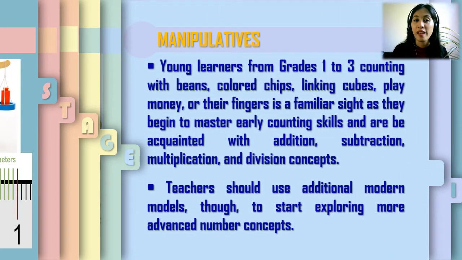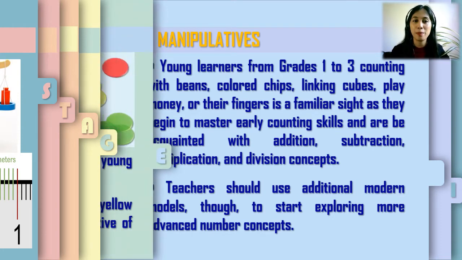For young learners from grades 1 to 3, counting with beans, colored chips, linking cubes, play money, or their fingers is a familiar sight as they begin to master early counting skills and soon be acquainted with addition, subtraction, multiplication, and division concepts. Teachers should use additional modern models, though, to start exploring advanced number concepts.